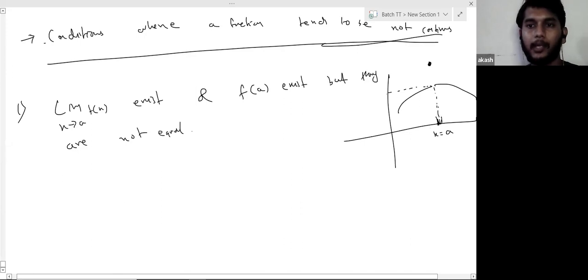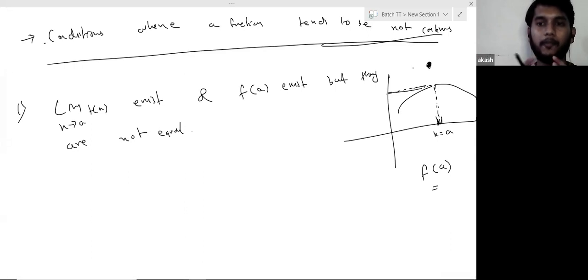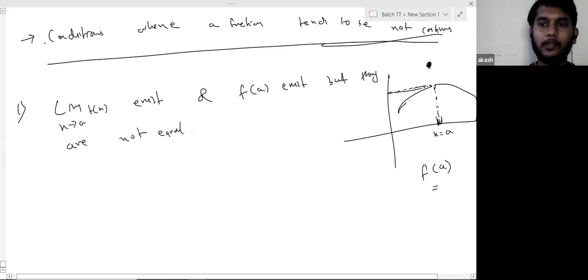If you find the RHL, then this is the value. So the limit exists, LHL equals RHL. But if you find f of a, then f of a is here, above the graph. So the neighborhood points to the same thing, but the value of the function lies above the graph. So obviously the graph is broken.